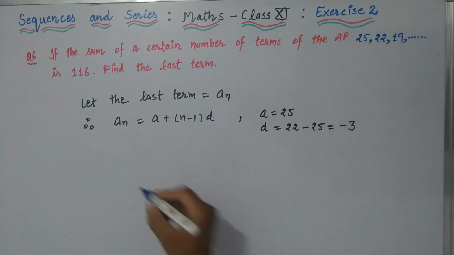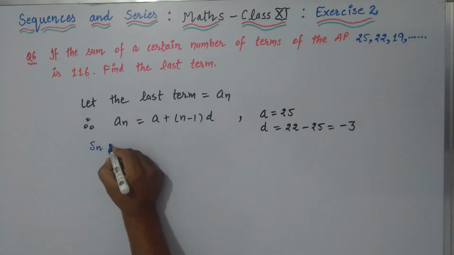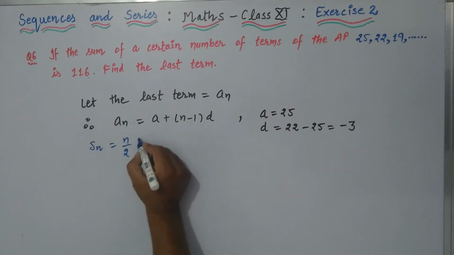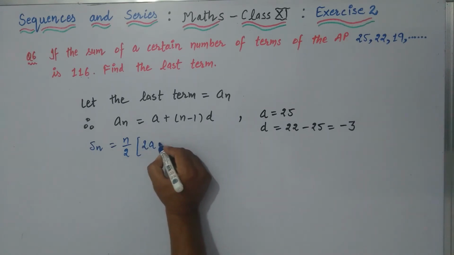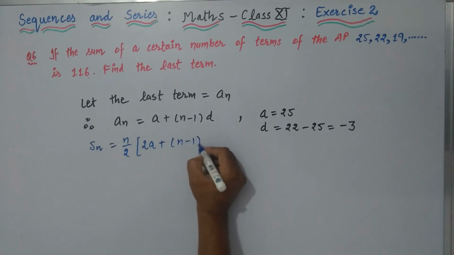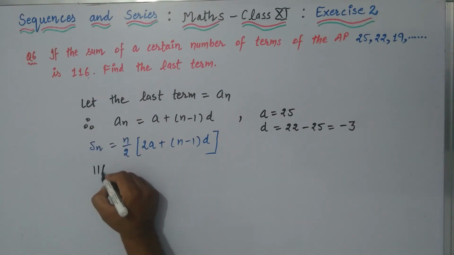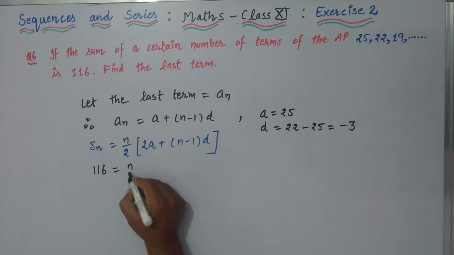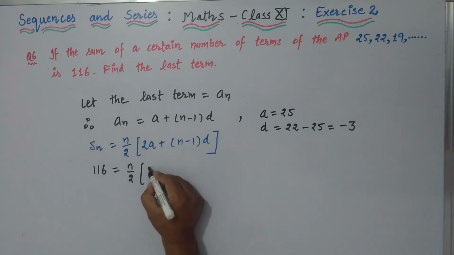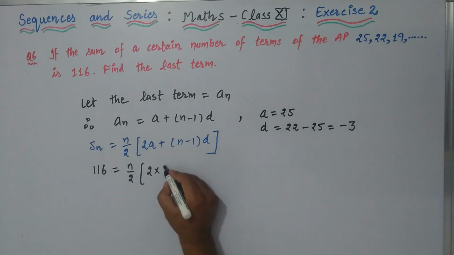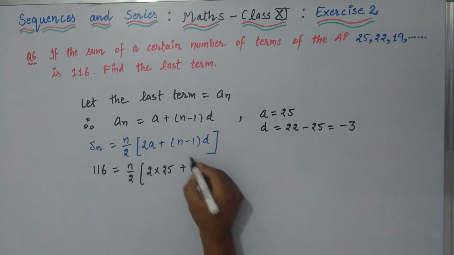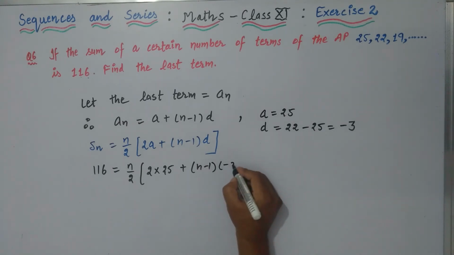Moreover, we have Sn is equal to n by 2 into 2a plus n minus 1 into d. So the sum of certain terms is 116. 116 is equal to n by 2 into 2 into 25 plus n minus 1, d is equal to minus 3.